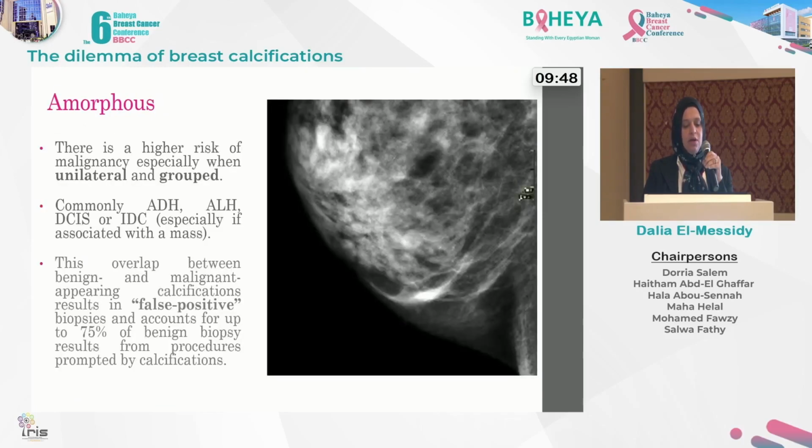However, if they're unilateral or grouped, they are more suspicious and commonly accompany atypical ductal hyperplasia, atypical lobular hyperplasia, ductal carcinoma in situ, or invasive ductal carcinoma, especially if they're associated with an accompanying mass. However, this overlap between benign and malignant appearing calcification may result in false positive biopsies, reaching up to 75% of benign biopsies resulting from procedures prompted by calcification.